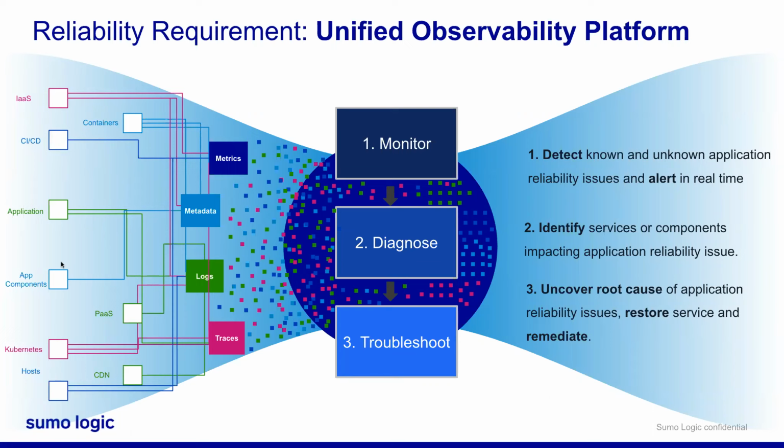It's required to have all the relevant data, such as metrics, logs, traces, and metadata, in the system so that we can monitor, diagnose, and troubleshoot. Those operators are great for monitoring, then help us understand when something went wrong and troubleshoot.